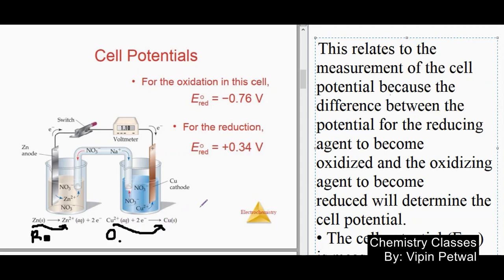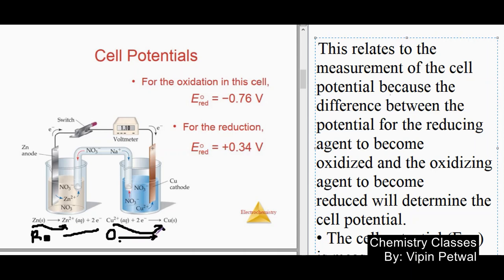Definitely here we can see the ability of the reducing agent to get oxidized. At the same time, the ability of this oxidizing agent to get reduced is also here.